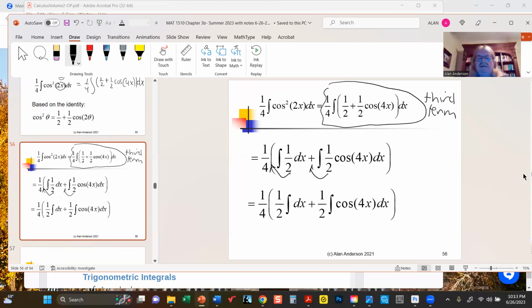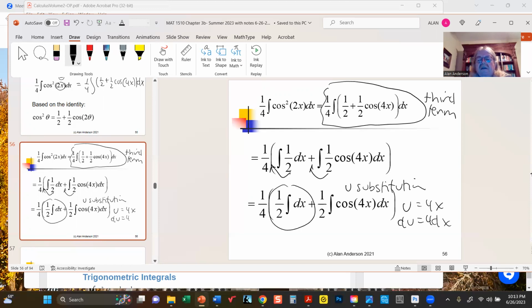Now it looks like this will be easy. This one will use U substitution, where U will be 4x, du will be 4dx. We don't have it, do we? No, but we can supply it.